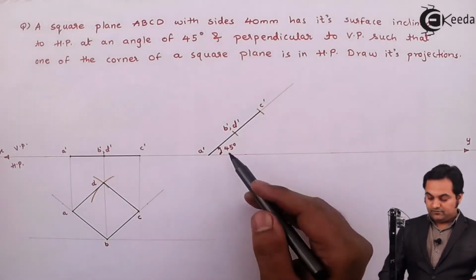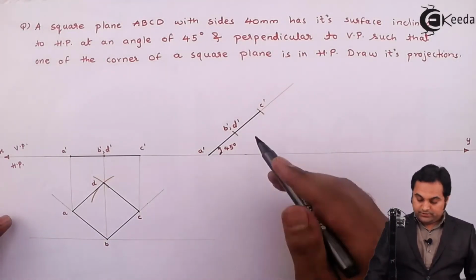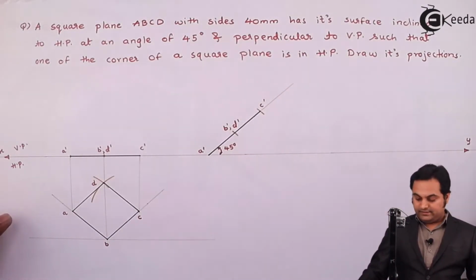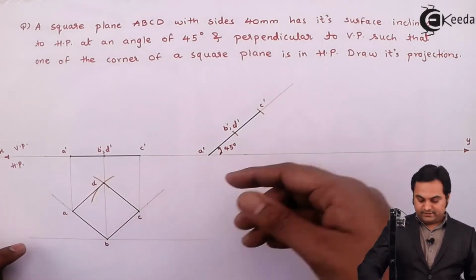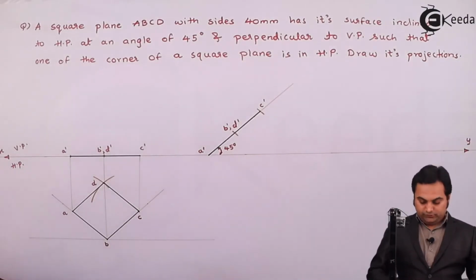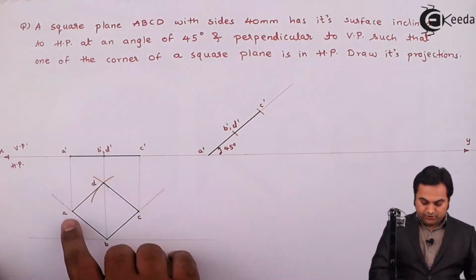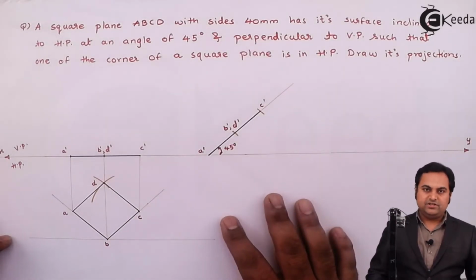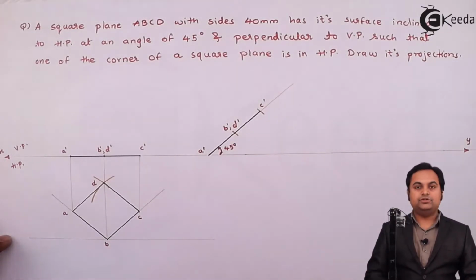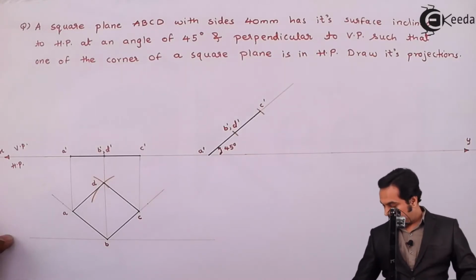Now after making this plane dark, this is the front view of the plane and it can be seen that the plane is inclined, fixed about point A, and this plane is lifted. So now the top view will also change. Instead of appearing a square of 40 by 40, the dimensions of the square will be changed. For that I am going to project the points into the top view.